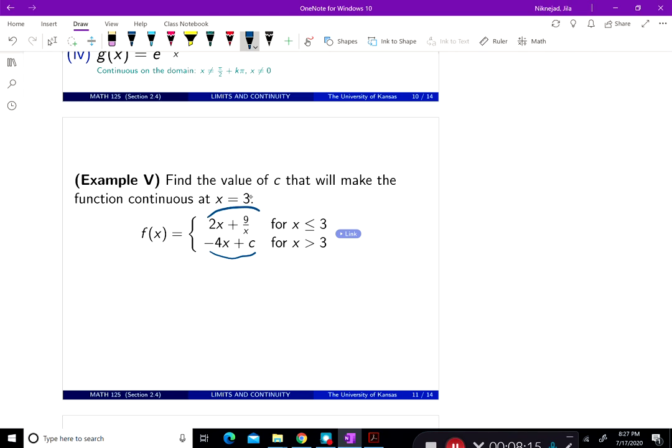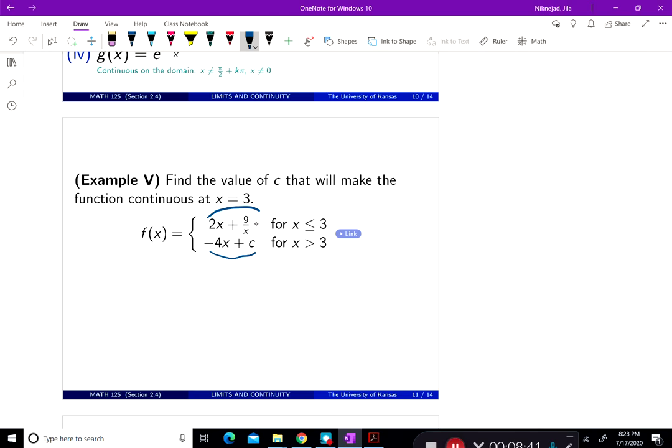Rational functions are continuous on their domain, and linear functions are continuous on their domain, but this function is restricting the domain of both of those pieces. So each piece is continuous on its domain.